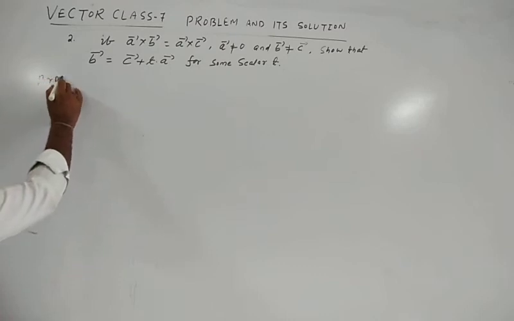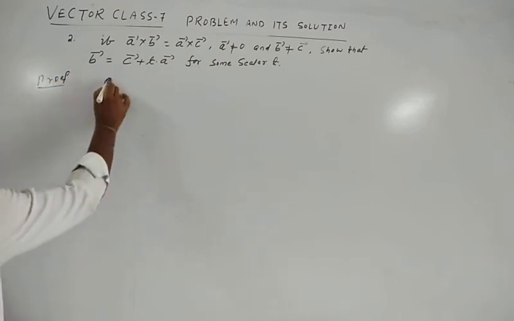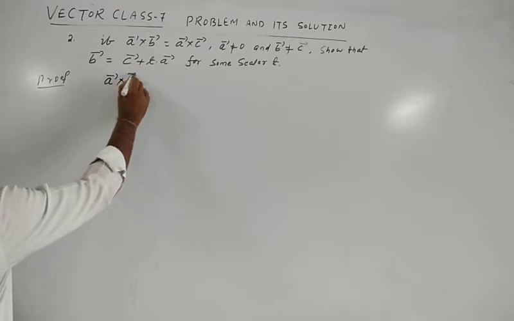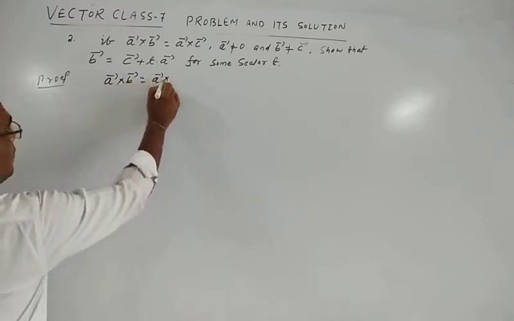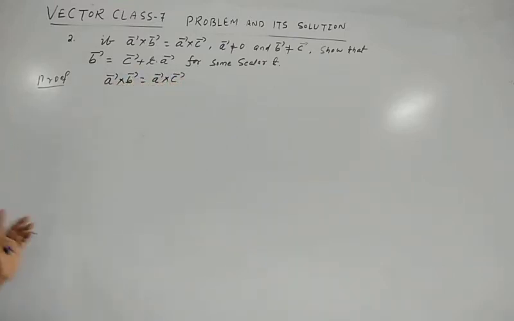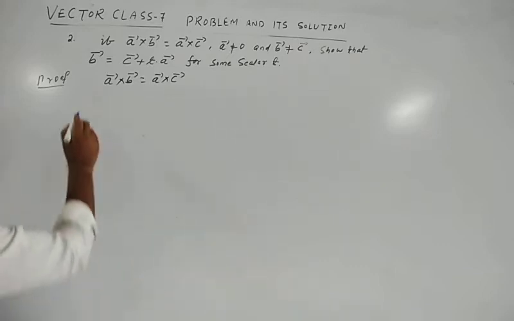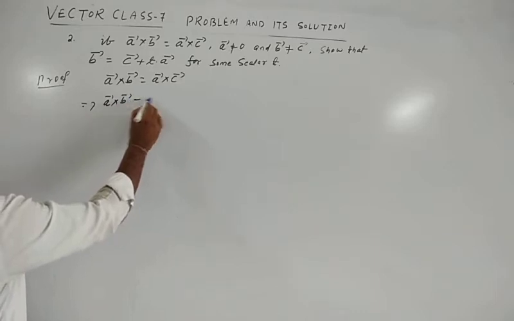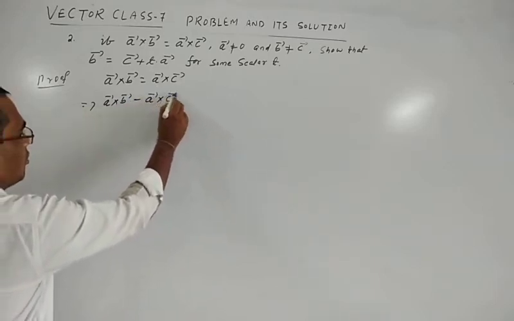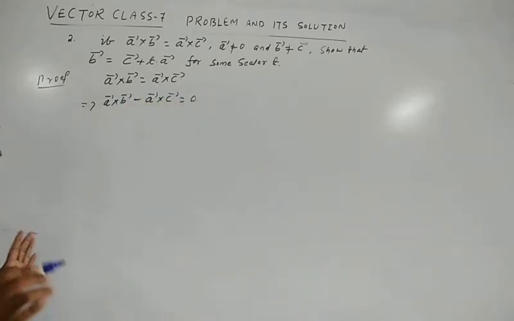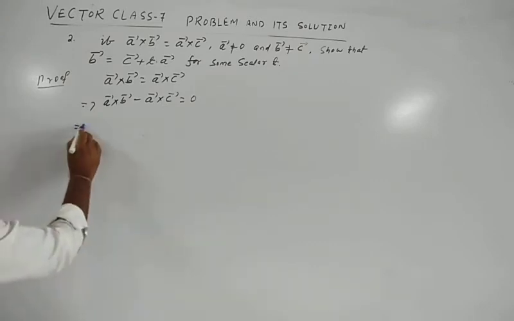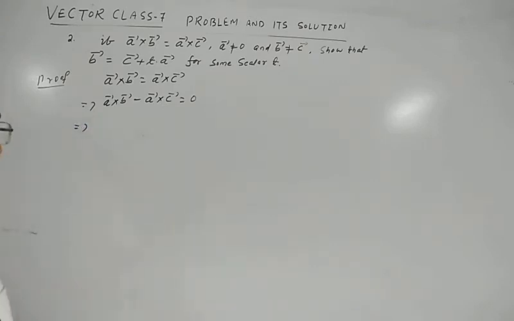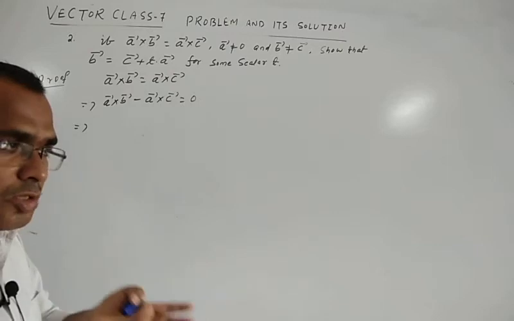Proof. So what is given? Here a vector cross b vector is equal to a vector cross c vector. That implies a vector cross b vector minus a vector cross c vector is equal to 0. You know the cross product is distributive over addition or subtraction, already.